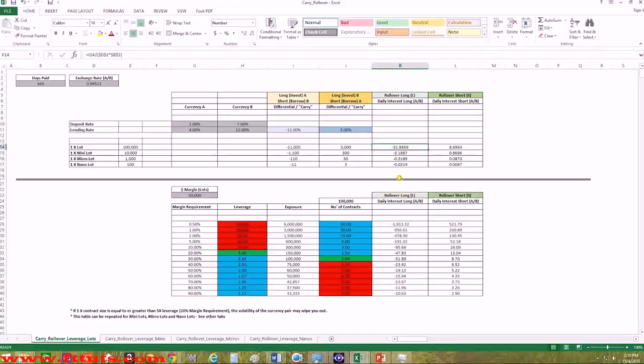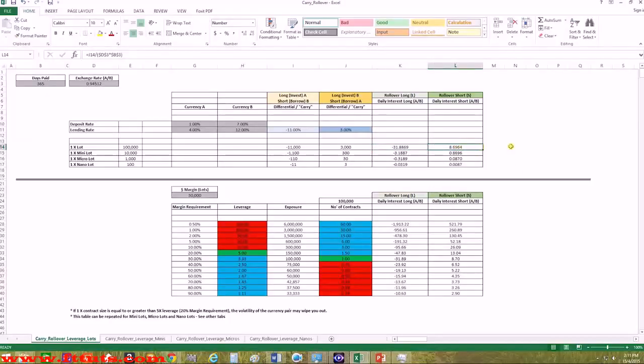So when you actually work this out on a daily basis, so dividing by 365, what you actually get is the daily net credit or debit to or from your trading account. So if we have long the currency pair AB, as we have titled up here, we basically pay out per day 31.8869.